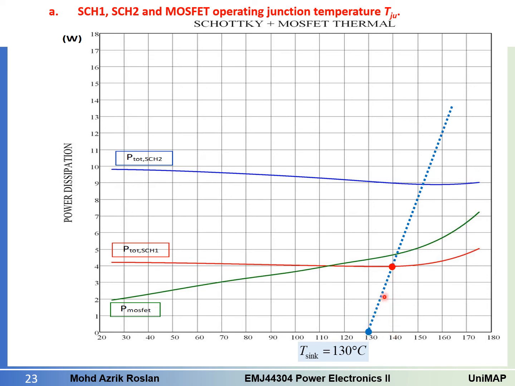So this is the straight line that we want to draw. Then we can get this value straight away: the junction temperature of Schottky 1 is 140 degrees C, and the power dissipated for Schottky 1 is 4 watt.